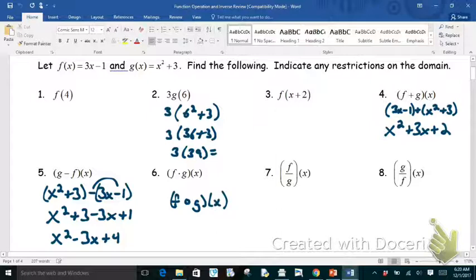Okay, when we have this open dot, this circle, this represents f of g of x, where if we have this, it's going to represent f of x times g of x. So we'll be multiplying in this case. Alright, so let me work a couple more of these examples, and I'll turn you free to work on this on your own.